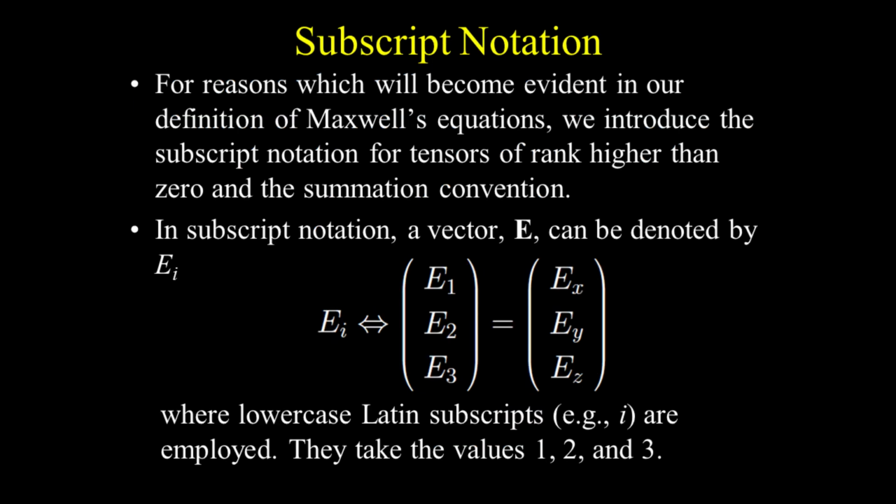For reasons which will become evident in our definition of Maxwell's equations, we introduce the subscript notation for tensors of rank higher than 0 and the summation convention. In subscript notation, a vector E can be noted by E_i, where lowercase Latin subscripts, for example i, are employed. They take the values 1, 2, and 3.